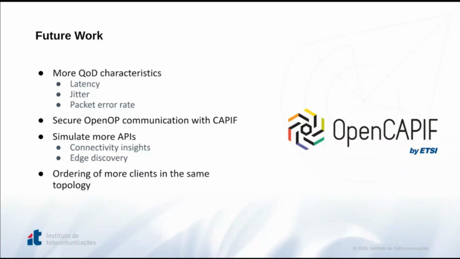Then obviously we want to simulate more APIs that have these network effects, such as connectivity insights and maybe also edge discovery. And finally, we also want to explore the idea of allowing, through OSL, ordering more client VMs to connect to the Linux router so that we can simulate multiple clients in the same network.